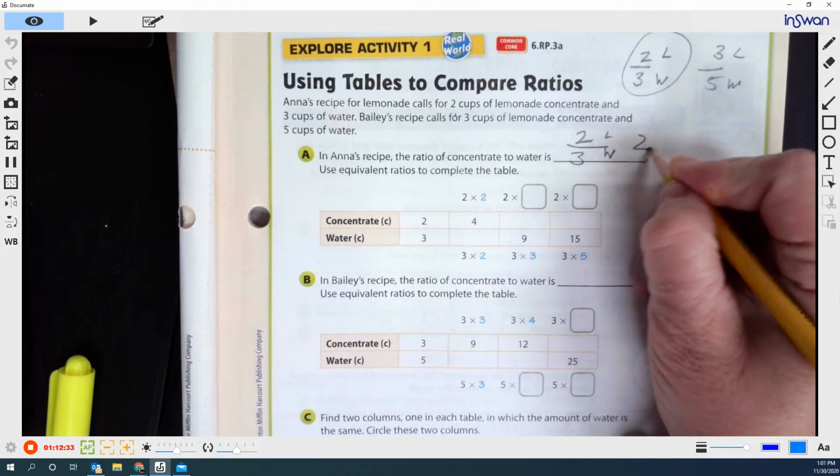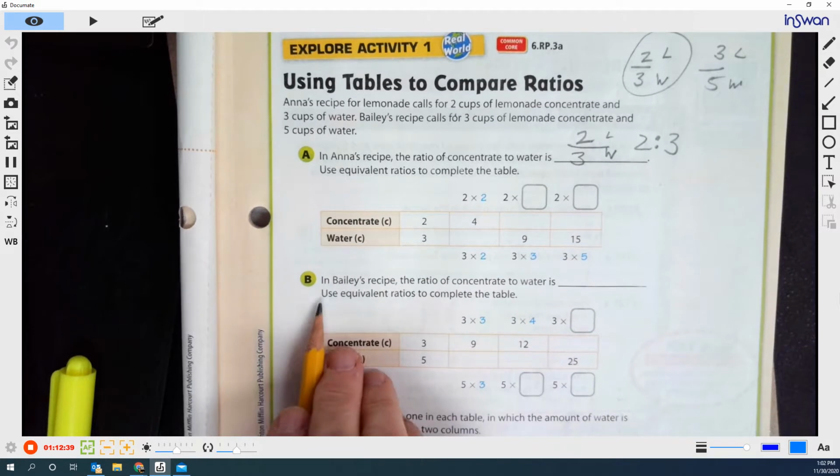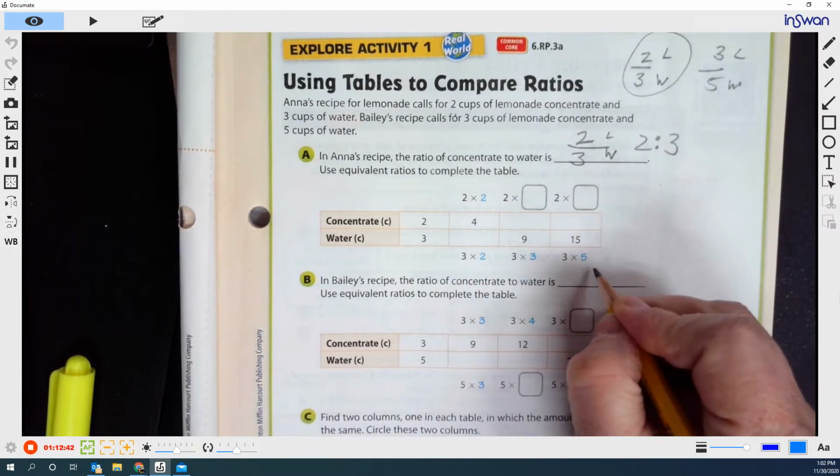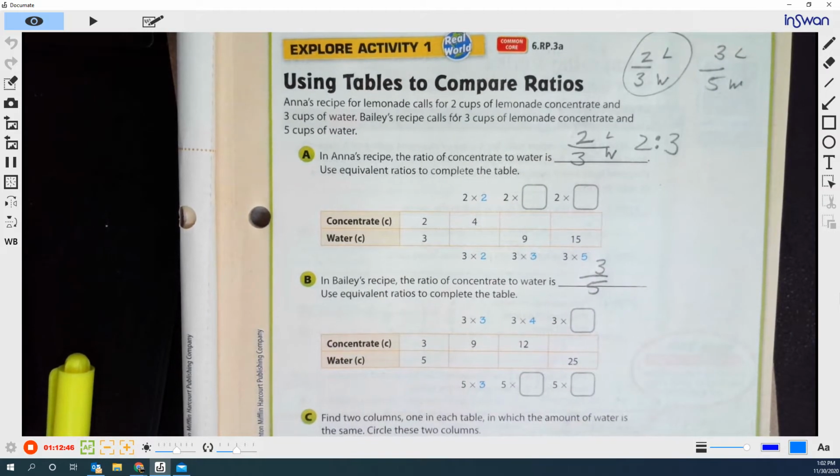Either way, it's the same, or you could use the word. And we know that Bailey's recipe was 3-to-5. So when you make the comparison, we want to see which recipe makes the stronger lemonade. So what we want to do is extend the columns in our tables here.